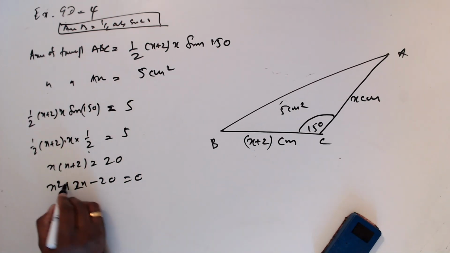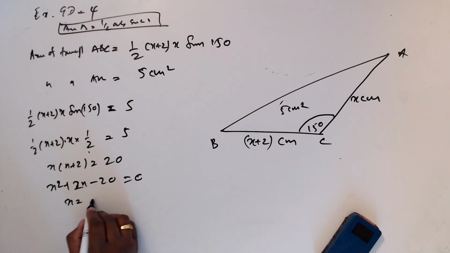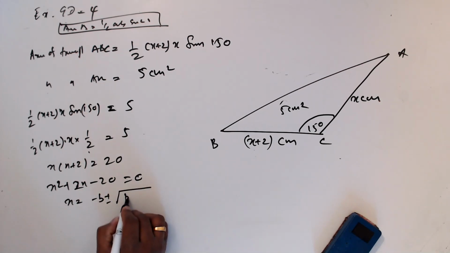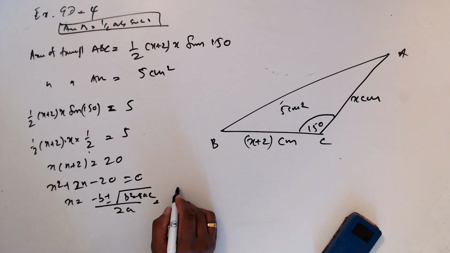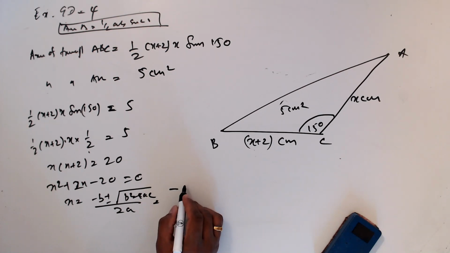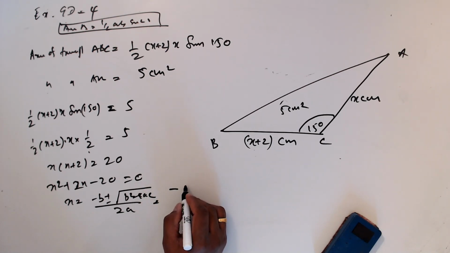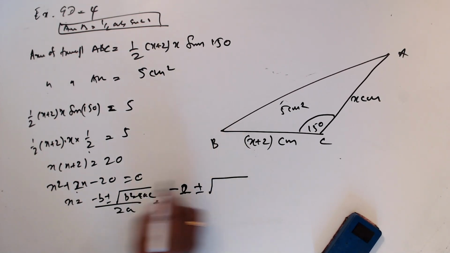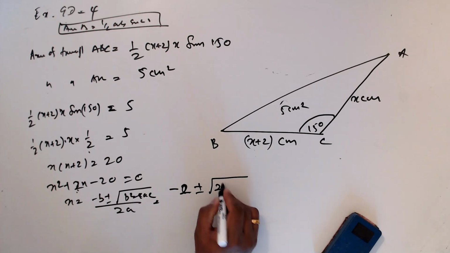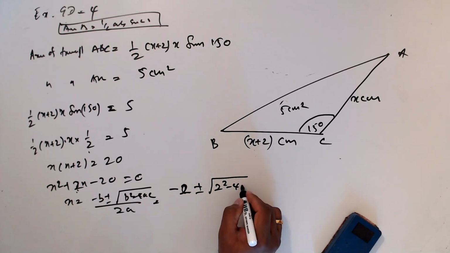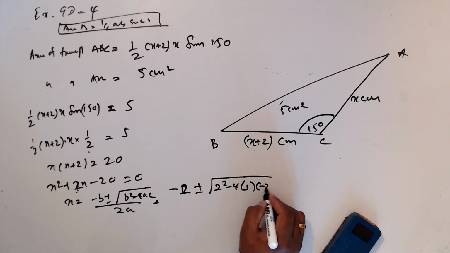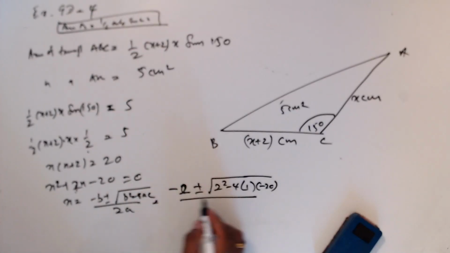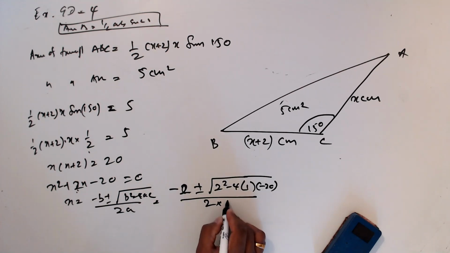So we have to use the quadratic formula: x equals minus b plus or minus square root of b square minus 4ac, over 2a. Here b is 2, a is 1, c is minus 20.